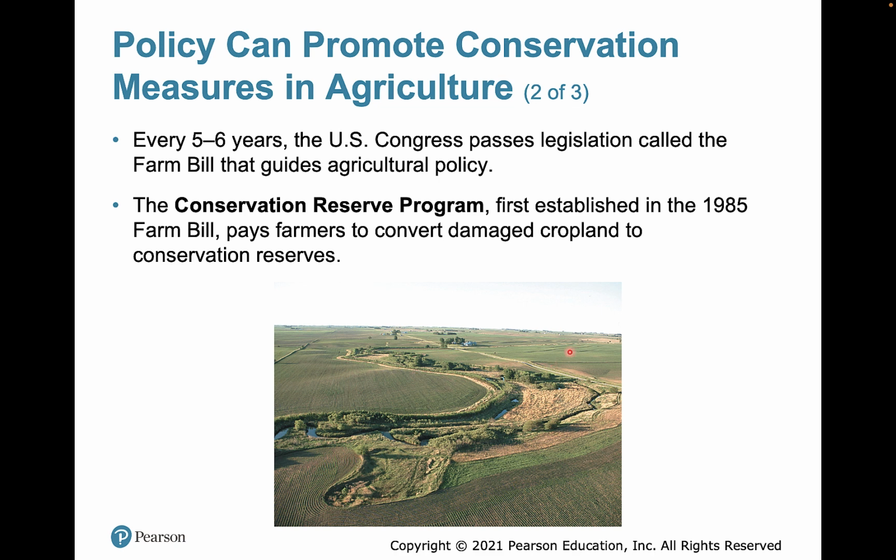Every 5 or 6 years, Congress passes legislation called the Farm Bill that guides agricultural policy. The Conservation Reserve Program pays farmers to turn cropland that won't work as cropland anymore into something called conservation reserves.